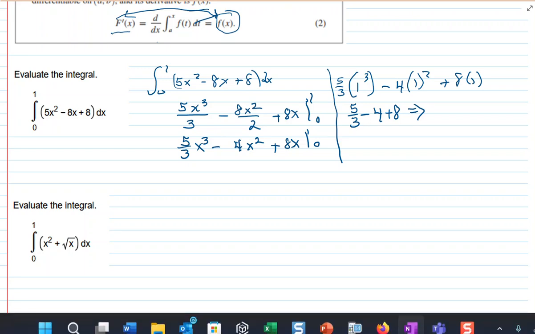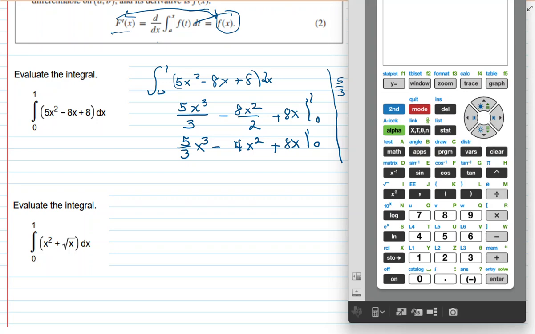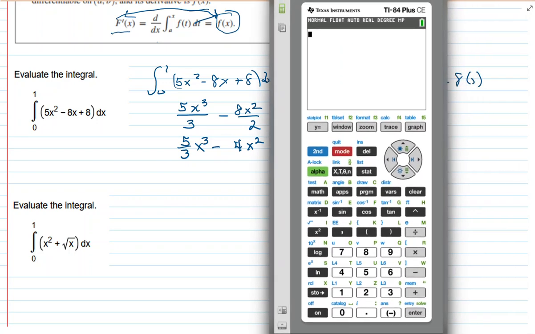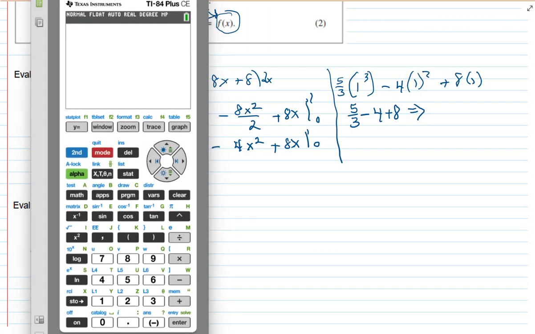I can do it all on the calculator, and I am on this particular unit, so I don't make a mistake. 5 divided by 3 minus 4 plus 8. And I get a fraction of 17/3.